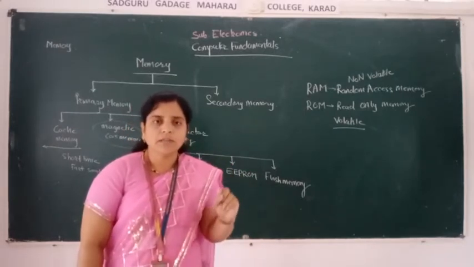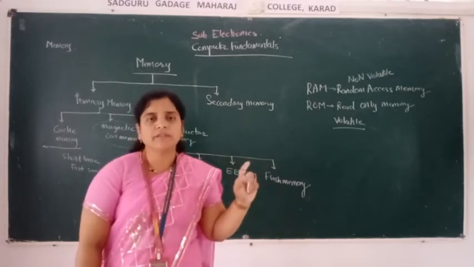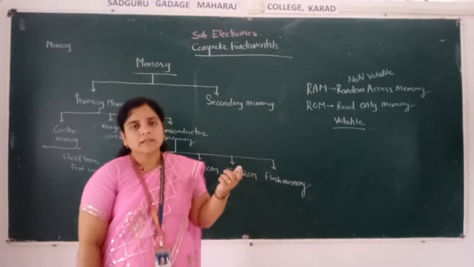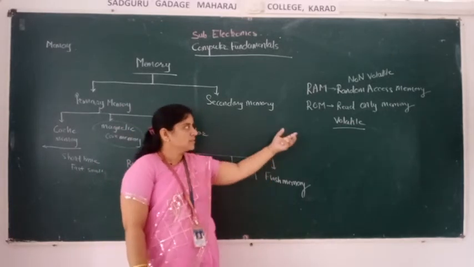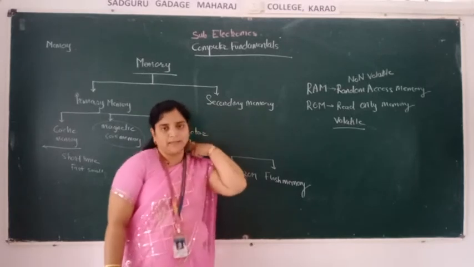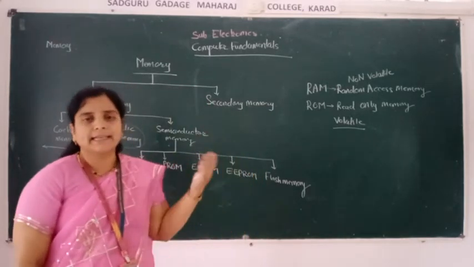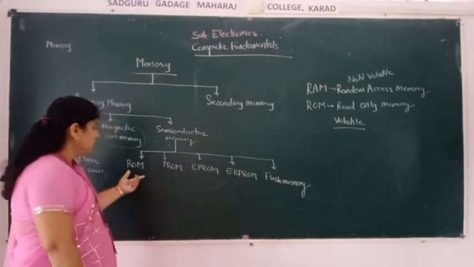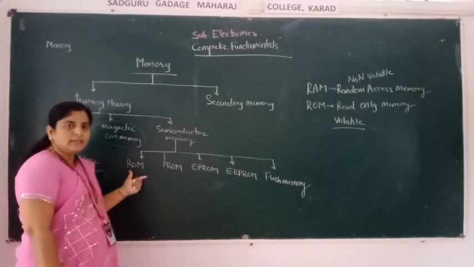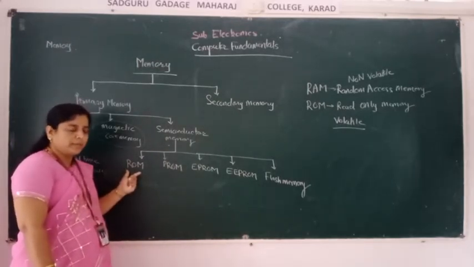Volatile means when the power is off, your data will not be there, and the non-volatile is exactly the opposite. Okay, we come back here. The read-only memory is a temporary memory. You can read this memory.